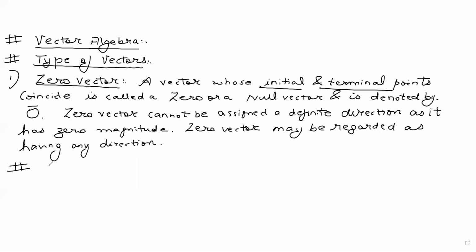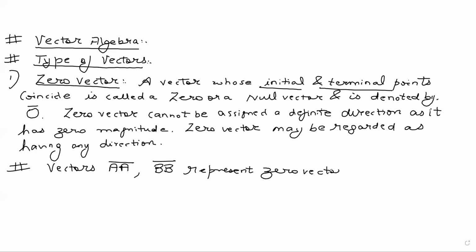If I write vector AA with a bar on the top, or if I write vector BB with a bar on the top, they represent zero vectors.